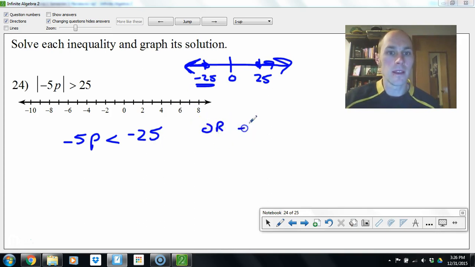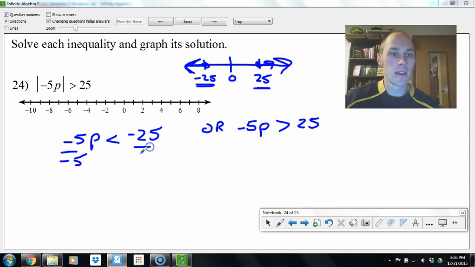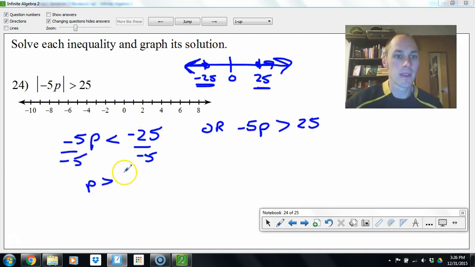Or negative 5p, because that's what's inside the absolute value. That expression has to be greater than 25. And then I solve both of those down. So divide by negative 5, and I get p. Remember, I'm dividing both sides by a negative, so that sign flips. Anytime I multiply or divide by a negative, my inequality sign flips. It'll be positive 5.